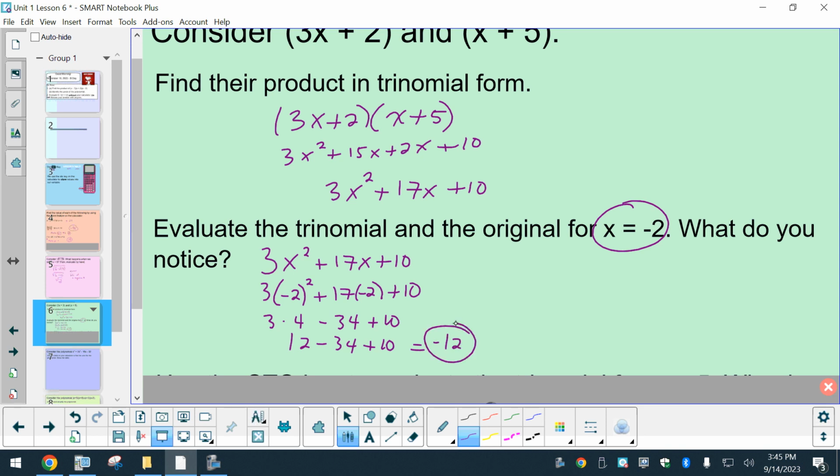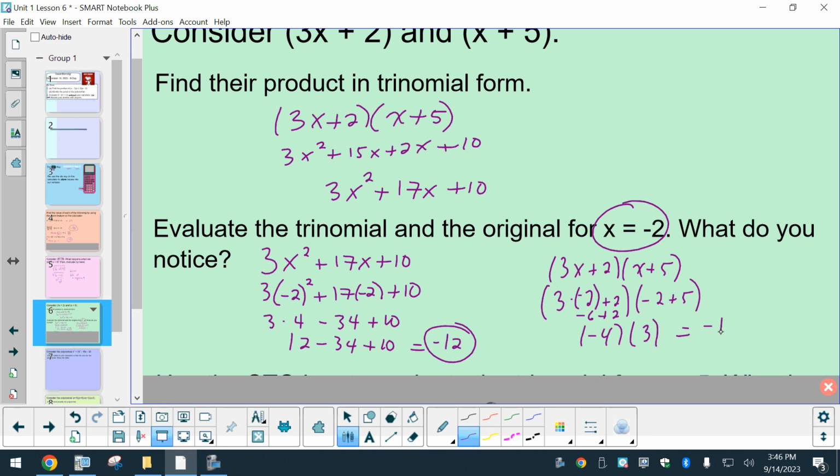And now they want you to take the original form, which was the 3x plus 2, and the x plus 5, and we want to plug in the negative 2. Just be careful. And what do you guys notice here, right? Negative 6 plus 2, that's going to be negative 4 times 3.